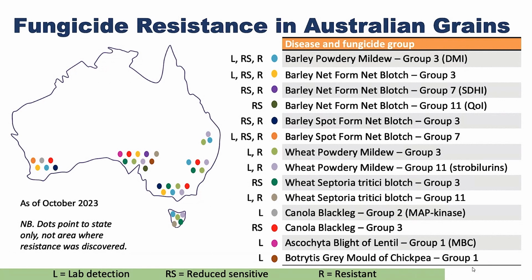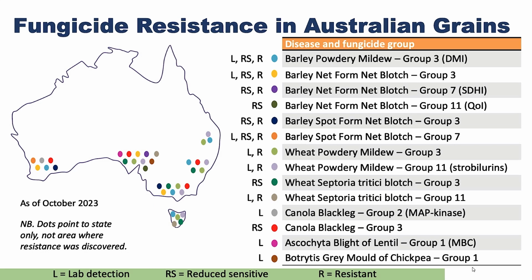So a bit of an overview as to what resistances we currently have in the grains industry. And you can see there's quite a long list there. The dots are then representing which state they are present in. They're not regionally specific within the state. And we'll be touching on today the barley and the wheat resistances and reduced sensitivities.